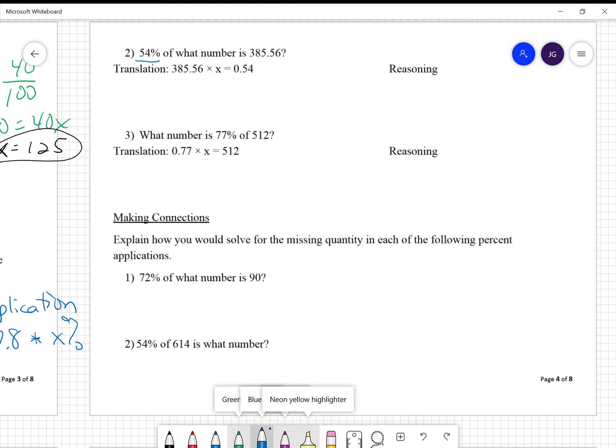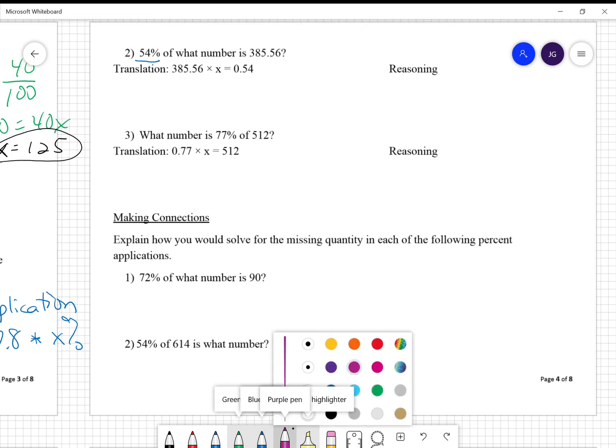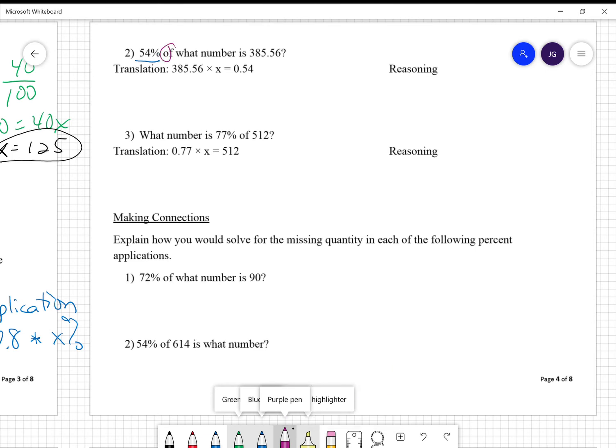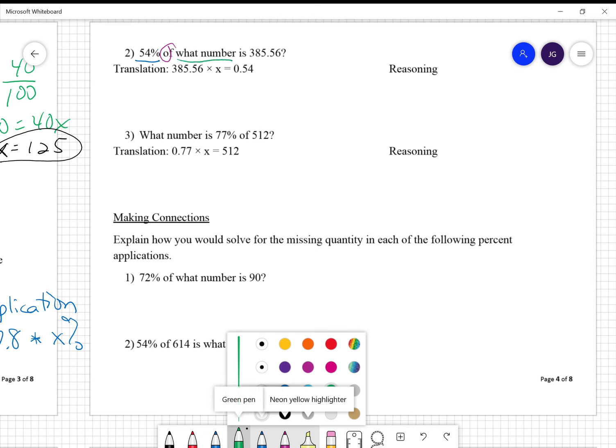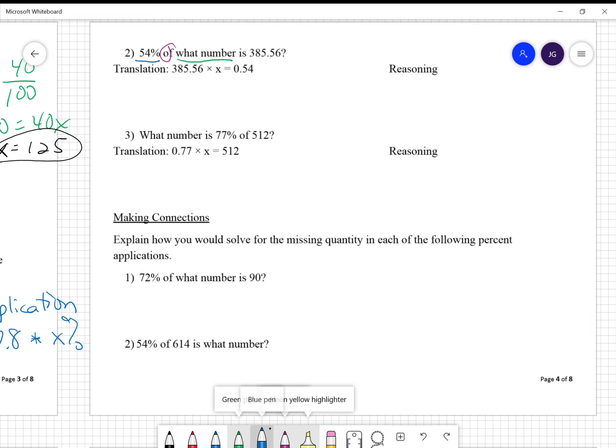54%. It's not letting me change colors. Of what number is 385.56? So they have 385.56 times X equals 0.54.